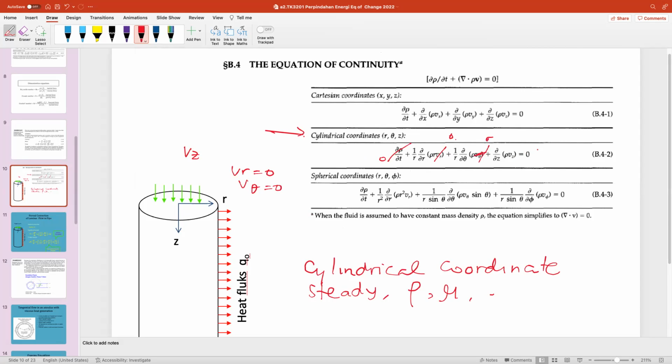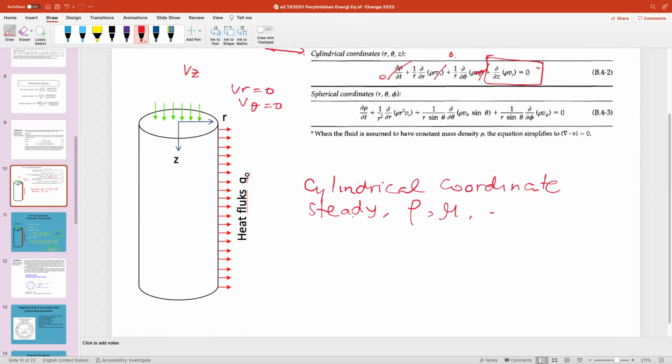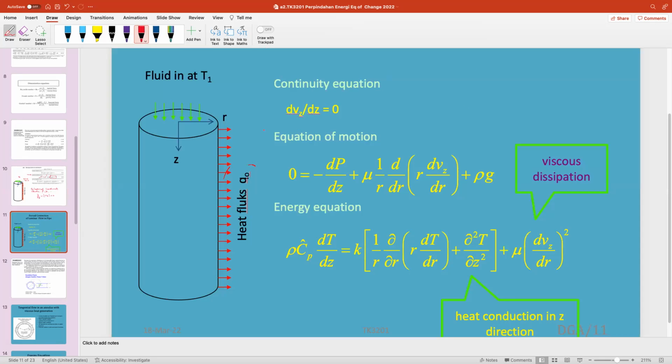So from the equation of continuity, we know that dou over dou z of rho Vz equals 0. So there is no change of Vz in the z direction. That's why this happens from the continuity equation.